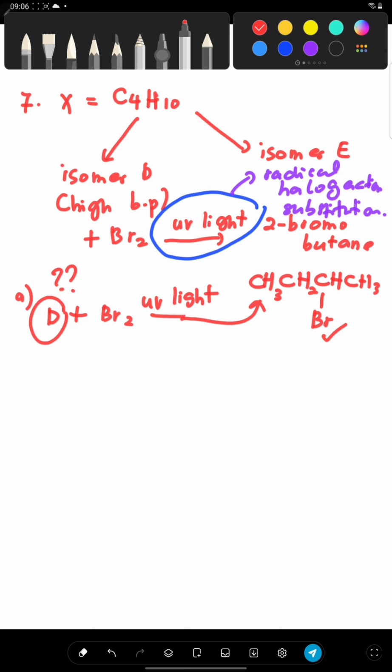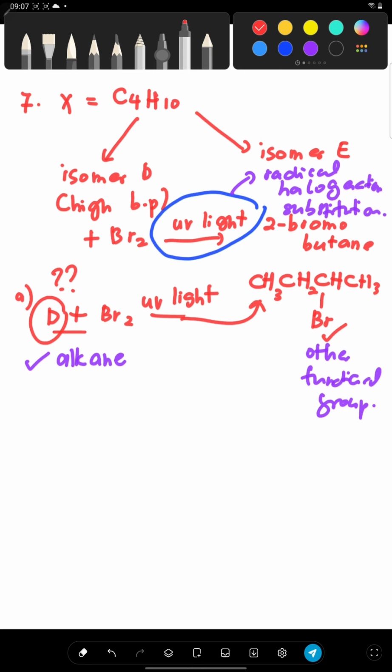Always remember, when a reaction involves radical halogenation substitution or other reactions, always remember in your mind the starting material here should be alkane, and here should be another functional group, which is referring to alkyl halide. So of course we know that one hydrogen at the beginning of the reaction is substituted with bromine.